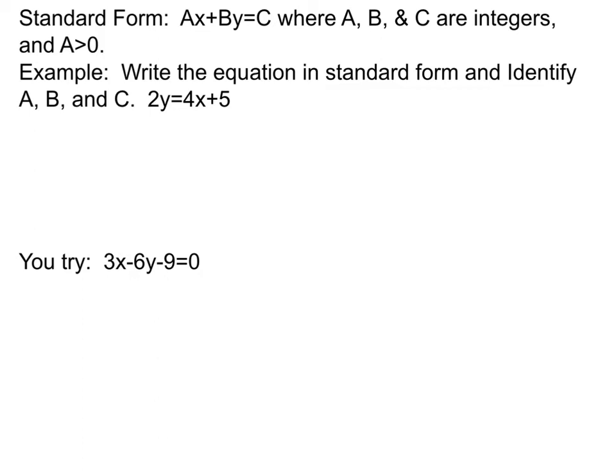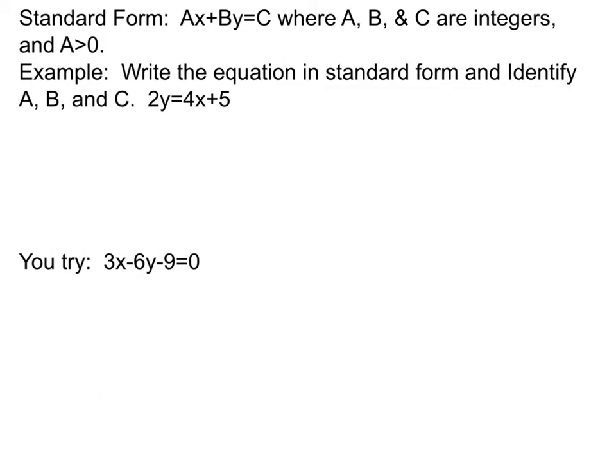Okay, here's an example. Write this equation in standard form and then identify a, b, and c. So we have the equation 2y equals 4x plus 5. Well, we need it to be in ax plus by equals c, meaning we need the x's and the y's on the same side, and we need the 5 on the other side, and that's our c value.